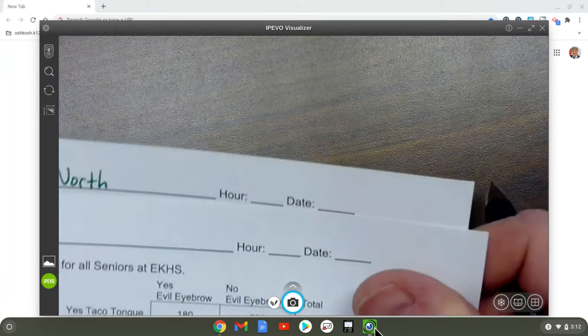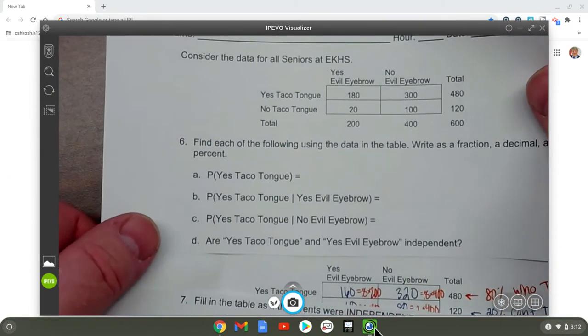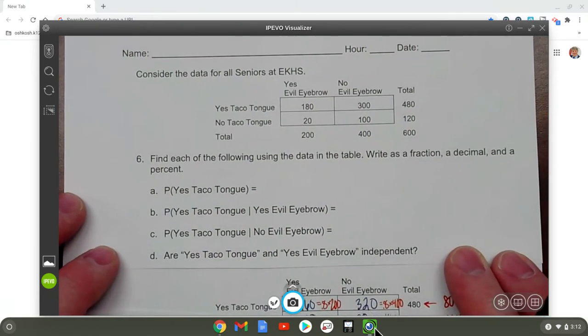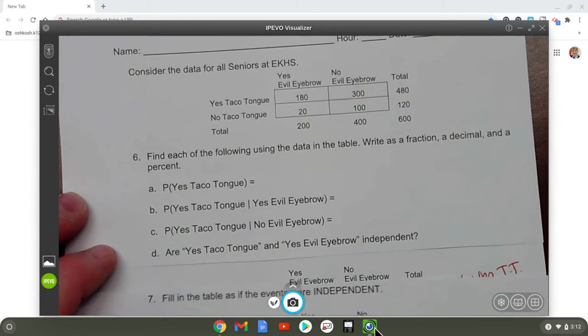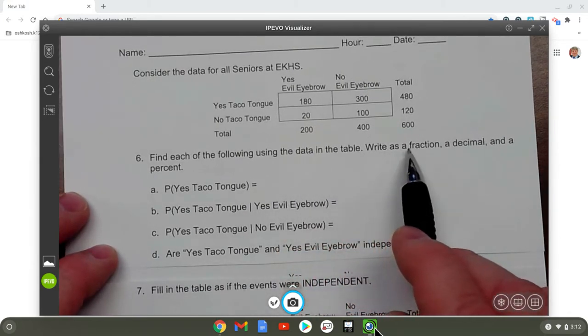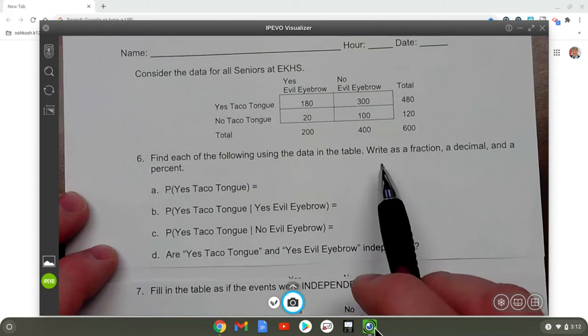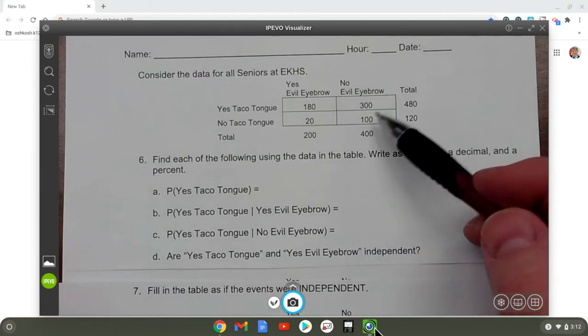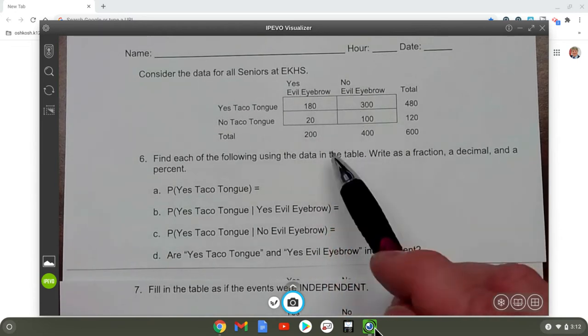So consider this data for all seniors at EKHS. Find each of the following using the data in the table, as a fraction, a decimal, and a percent. All right, we can do that, my friends. Here's the data for EKHS. So the numbers are different.